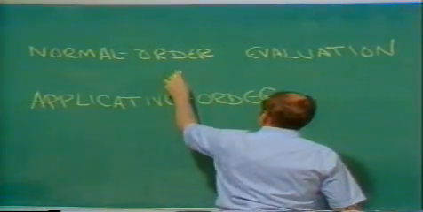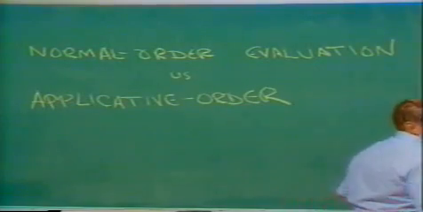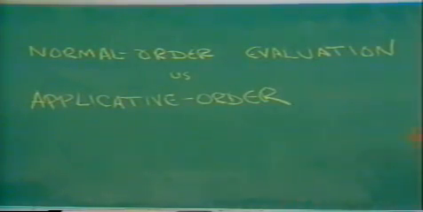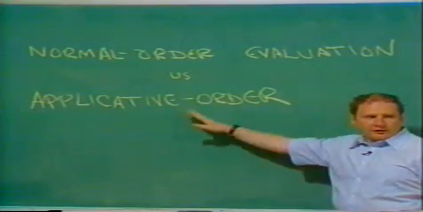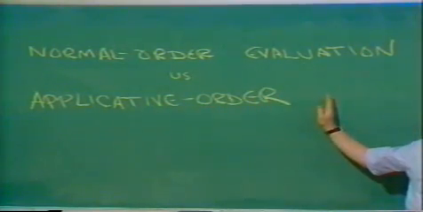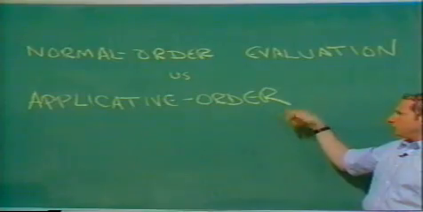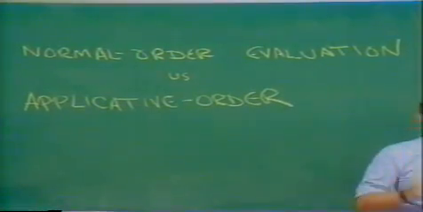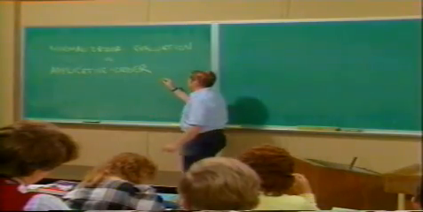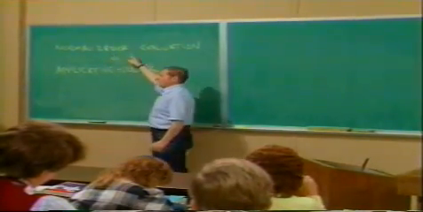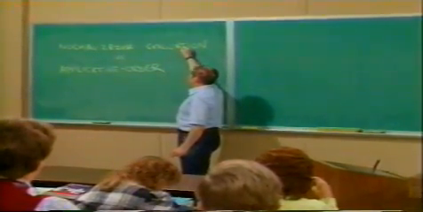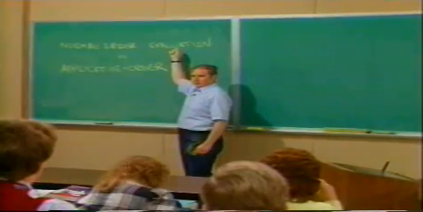Versus applicative order evaluation. And remember the substitution model for applicative order. It says when you go and evaluate a combination, you find the values of all the pieces. Right? You evaluate the arguments, and then you substitute them in the body of the procedure. Normal order says, no, don't do that. What you do is effectively substitute in the body of the procedure, but instead of evaluating the arguments, you just put a promise to compute them there.